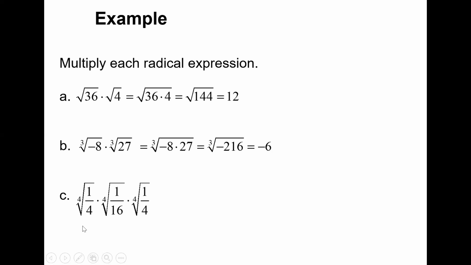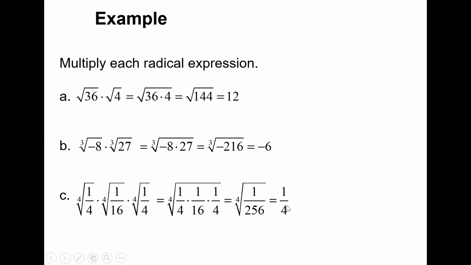Okay. Now, this is where it comes into play. The fourth root of this, well, we can't do that. The fourth root of that, that's not really going to work. And so what we're going to do is multiply all those together. The ones on top are going to be 1, then 16 times 16 is going to give us 256. Well, now the fourth root of 256 we can take, which is 4. So we get 1 over 4 because the fourth root of 1 is just 1.